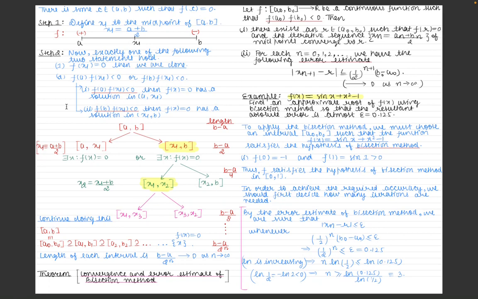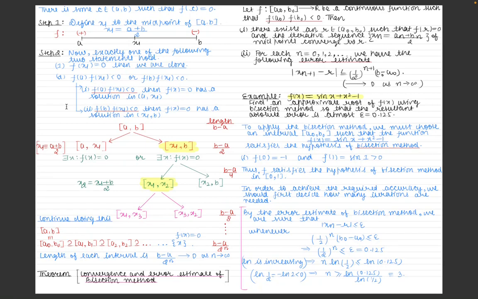And here the length of the interval is b minus a by 8, because at every stage the length is reducing to half. So you keep on doing this, and ultimately you will have b minus a by 2^n, right? So we are getting a sequence of intervals.